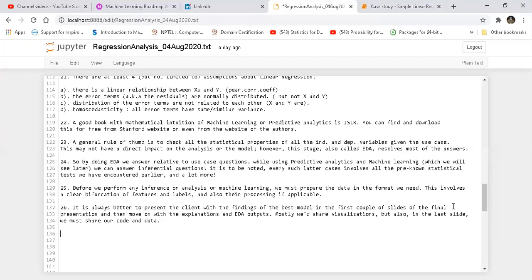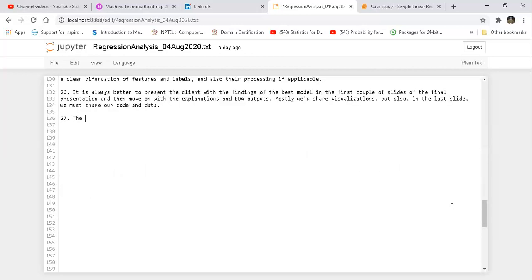Okay, fine. 27. The best and most practical way of performing any regression or machine learning task is to firstly take the data and break it into two parts.